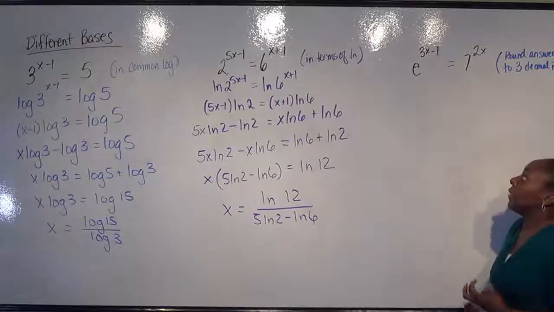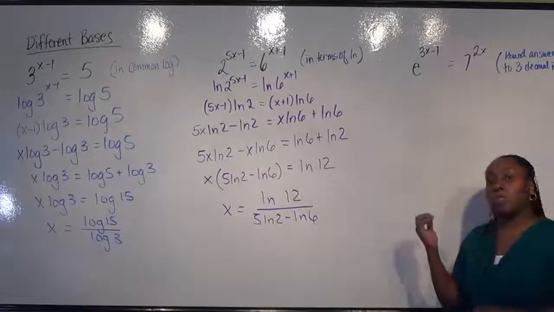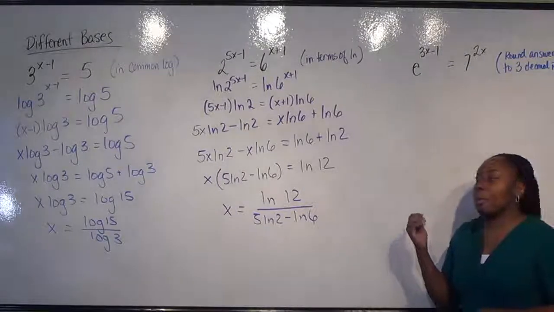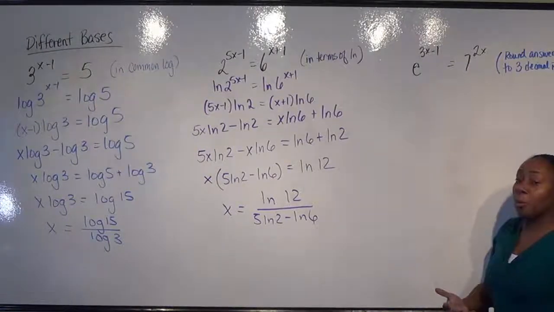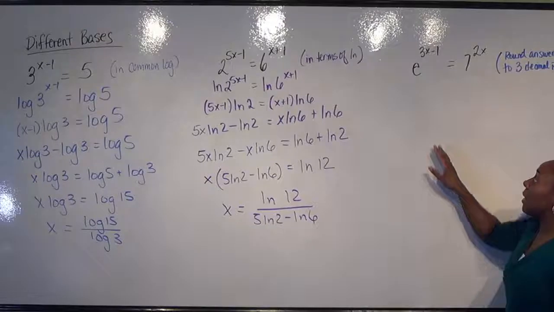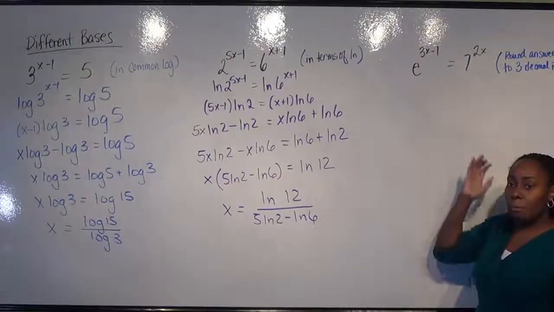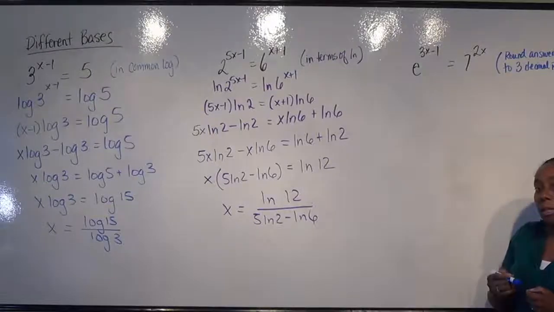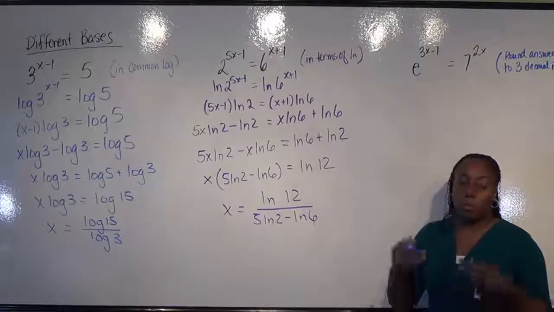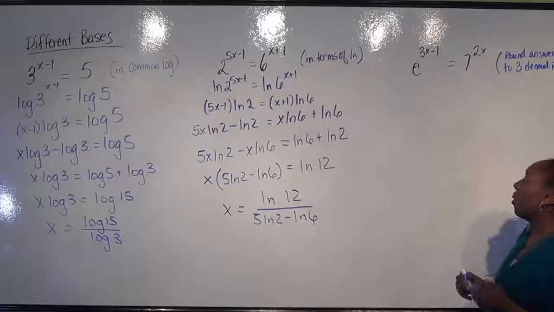But if I look at my equation, it kind of tells me which logarithm I'm going to want to use, because I need to be able to get a decimal approximation. Now I can do it with other logs, but in this case, because I have an e in here, I'm probably going to want to use the natural log, because then things will cancel out a little nicer than they would with, say, a common log or a log base 5 or any other log.